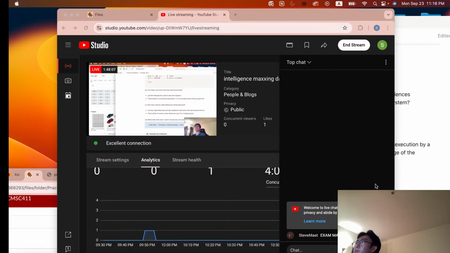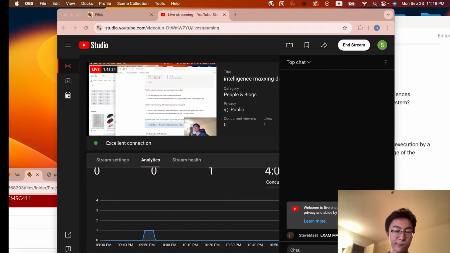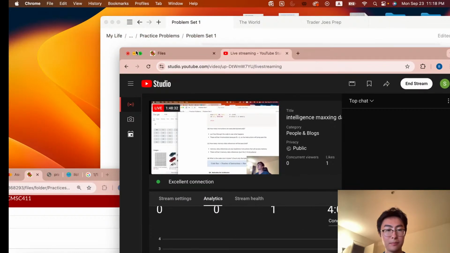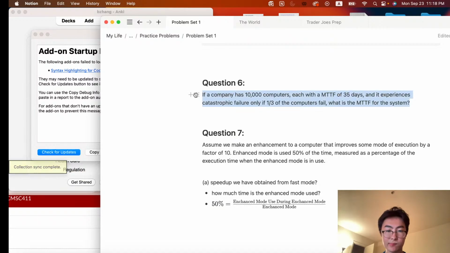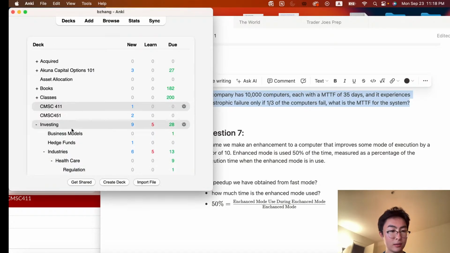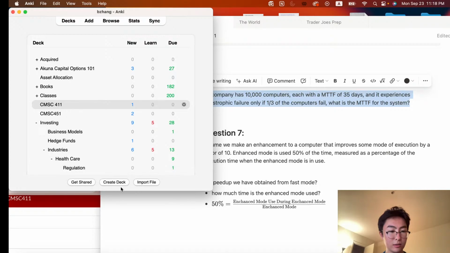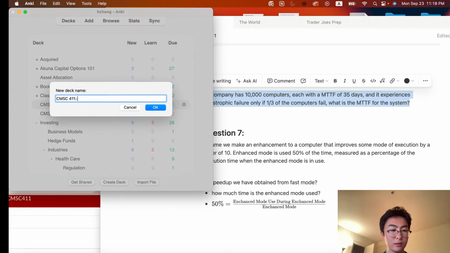For every 0.003. Okay, so you just sort of just add them. Interesting. All right. I'm gonna create a deck. Reliability.